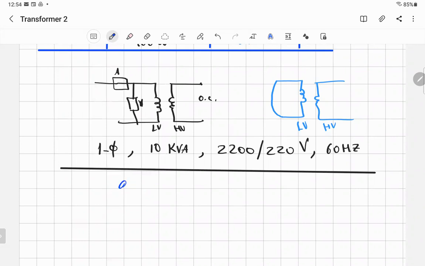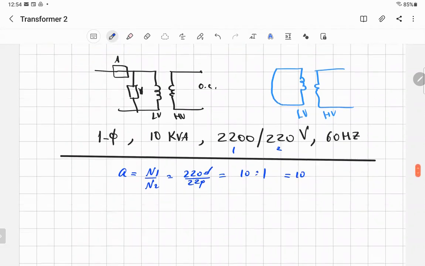I can say the turns ratio a, which is equal to N1 over N2, if I consider this is 1 and this is 2, the order given on the nameplate, is 2,200 divided by 220, which is 10 to 1. So a is equal to 10. You can write it like that.